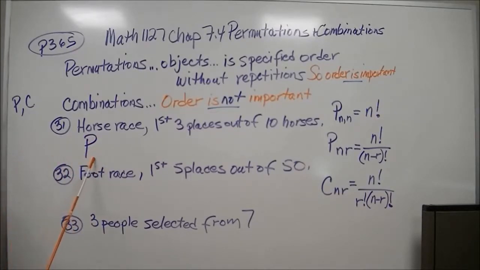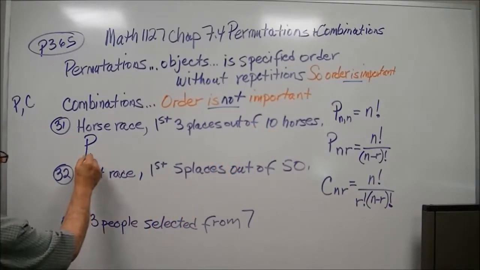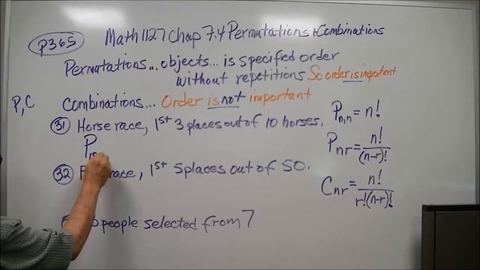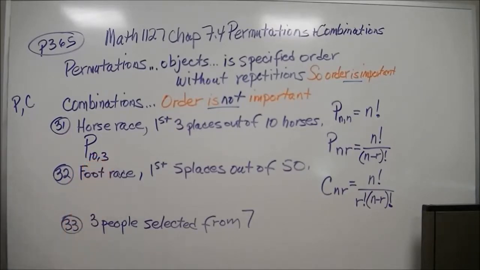And what are the sub-numbers that you're going to put here? Well, how many horses are in the race? 10. So your first number is 10. And you're looking for the first 3 places. So it'll be 10, comma 3.